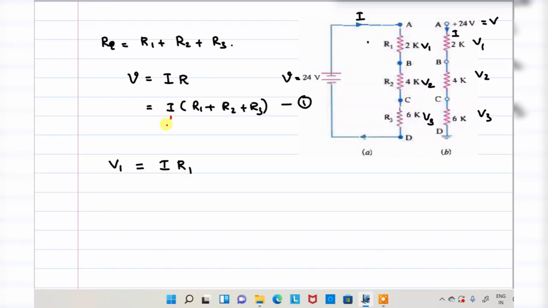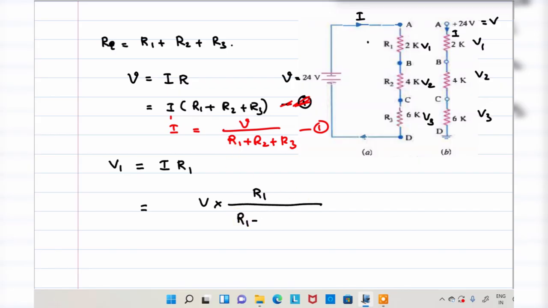I is equal to V divided by (R1 plus R2 plus R3), from equation number 1. Substitute it here. That will be equivalent to V into R1 divided by (R1 plus R2 plus R3).